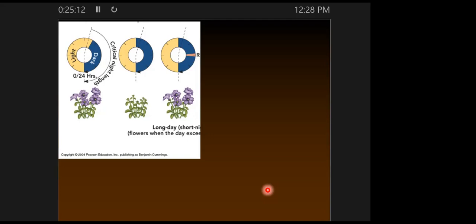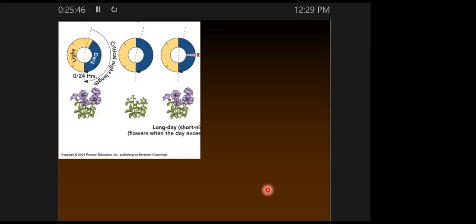But this is when they were just figuring out phytochromes and trying to piece it all together. It's almost like when they hit it with red light, the plant behaved as if it was getting light all the way through. So it did go past the critical time period, and it went ahead and flowered.